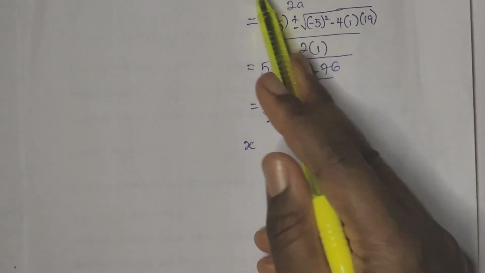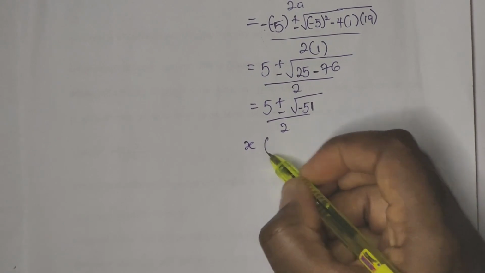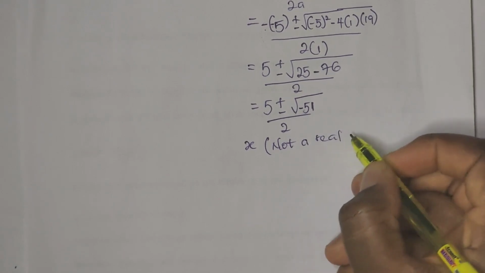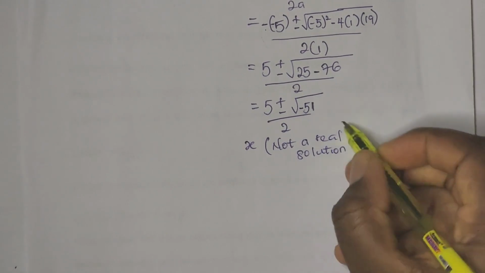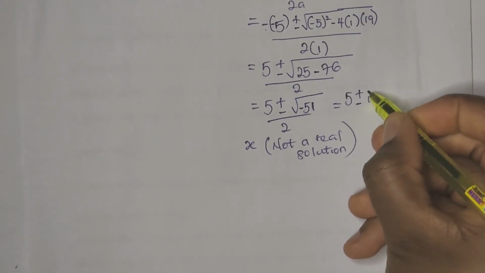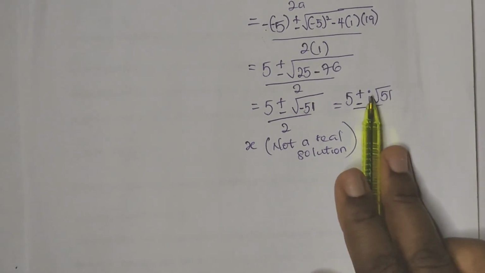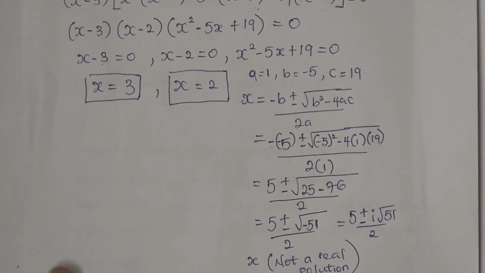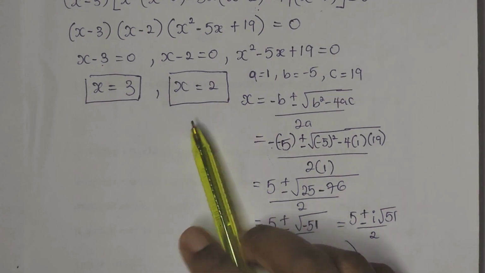Means that x for this quadratic equation is not a real solution, because this will give us 5 plus or minus i root 51 over 2. So this is not a real solution. So we'll then work with the first solution we got as x equal to 3 and x equal to 2.